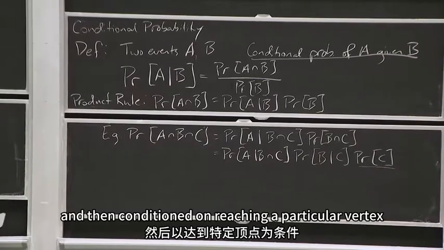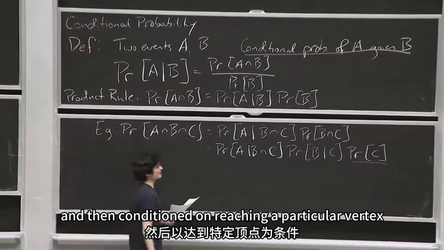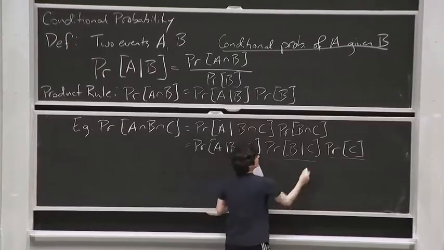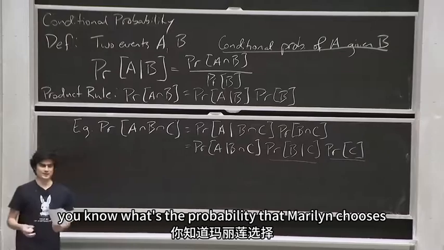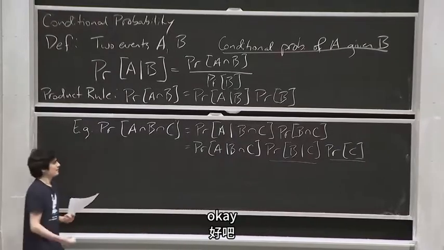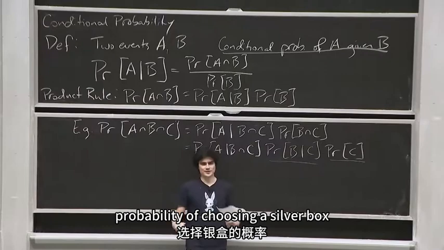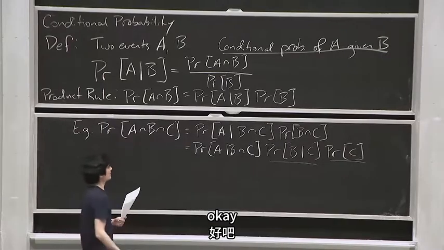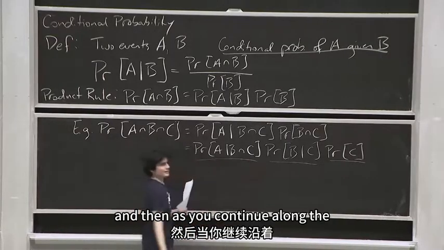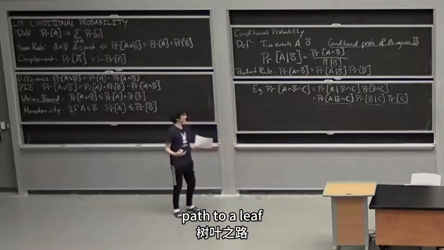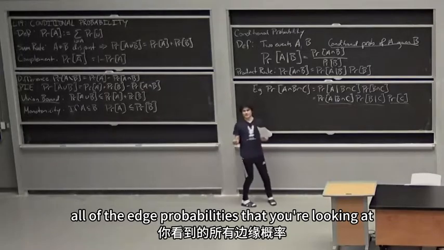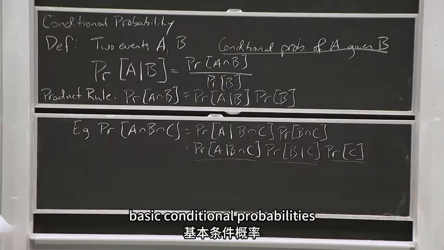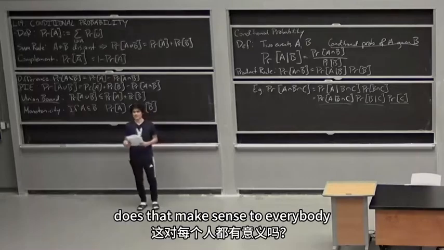And then, conditioned on reaching a particular vertex, like conditioned on Monty hiding the prize in the gold box, what's the probability that Marilyn chooses the silver one? That's the conditional probability of choosing the silver box, conditioned on the prize being in the gold box. And then, as you continue along the path to a leaf, all of the edge probabilities you're looking at were secretly just basic conditional probabilities. Does that make sense to everybody?